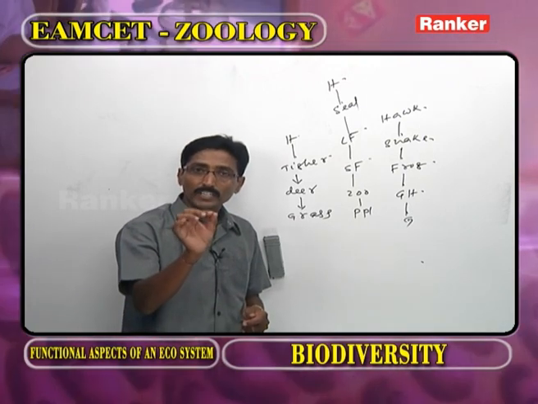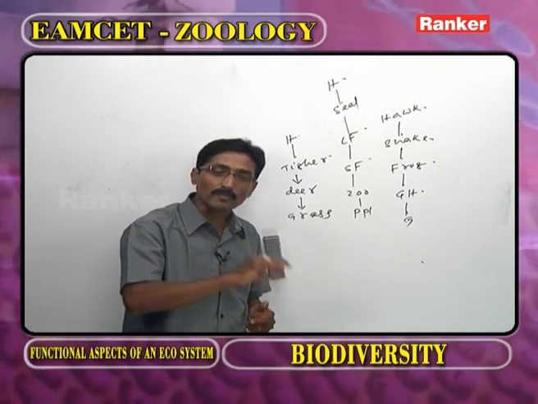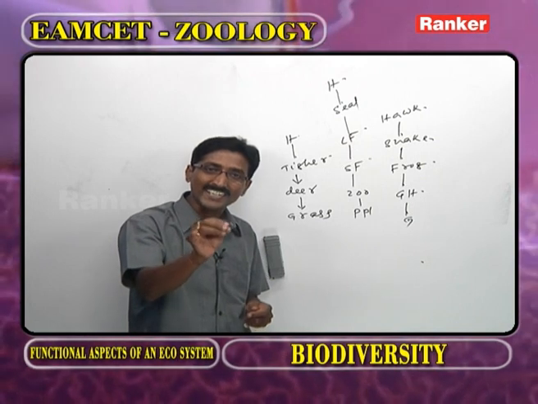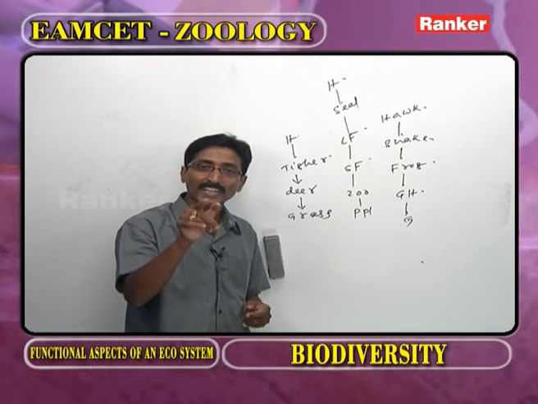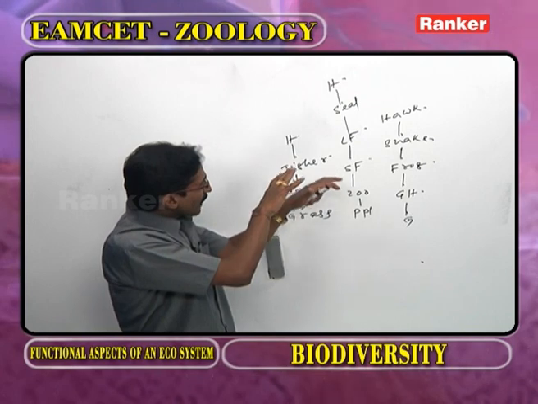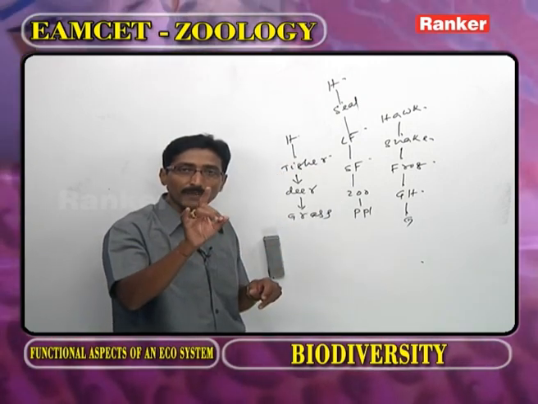Some animals take only solid food materials. Some animals prepare their own food material. Some animals absorb food materials from dead and decaying organic materials. Some animals eat both plant and animal matter. Based on this information, the food chains appear to be independent, but in reality they are not independent.